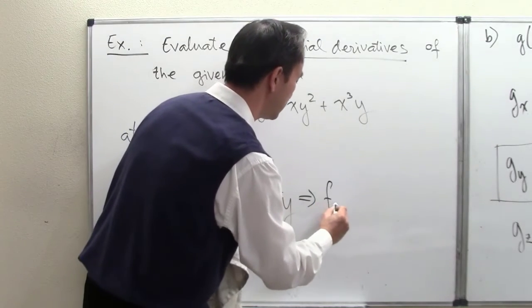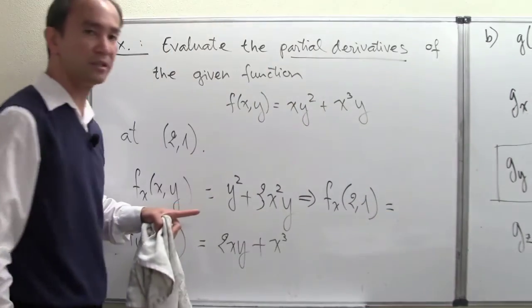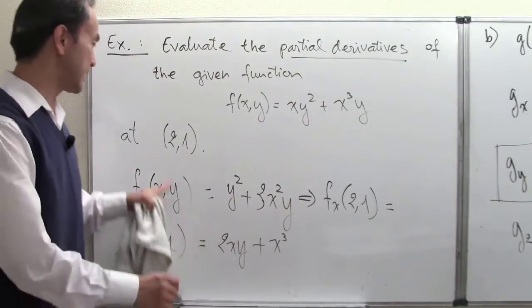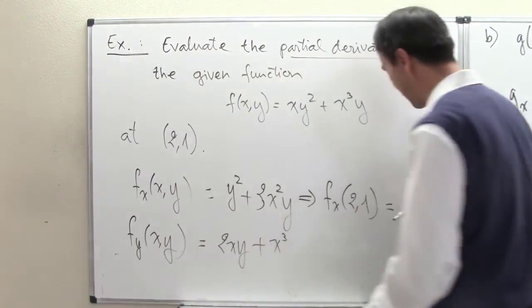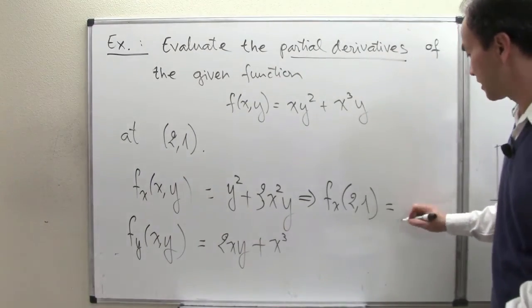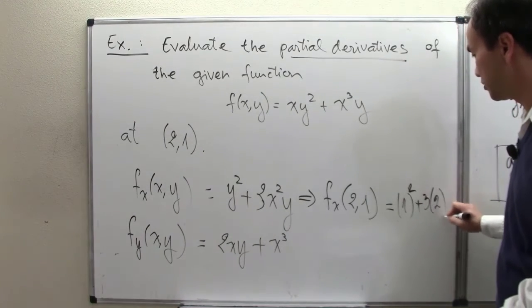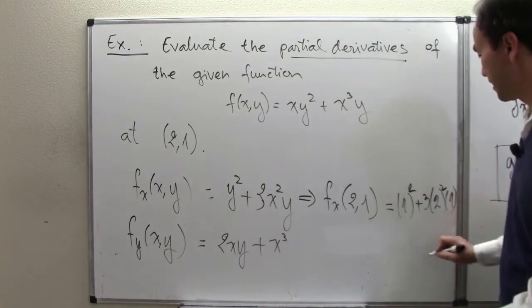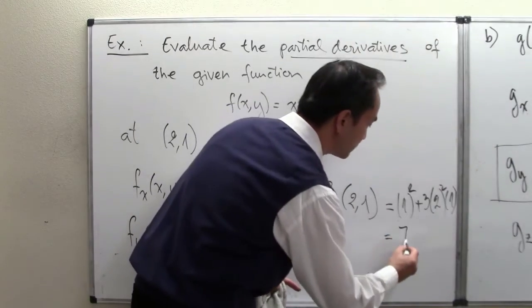I'm going to substitute that value into the partial derivative I have already found with respect to x. So now it's just plain old calculation. We get 1 squared plus 3 times 2 squared times 1, and the calculation comes out easily to be 7.